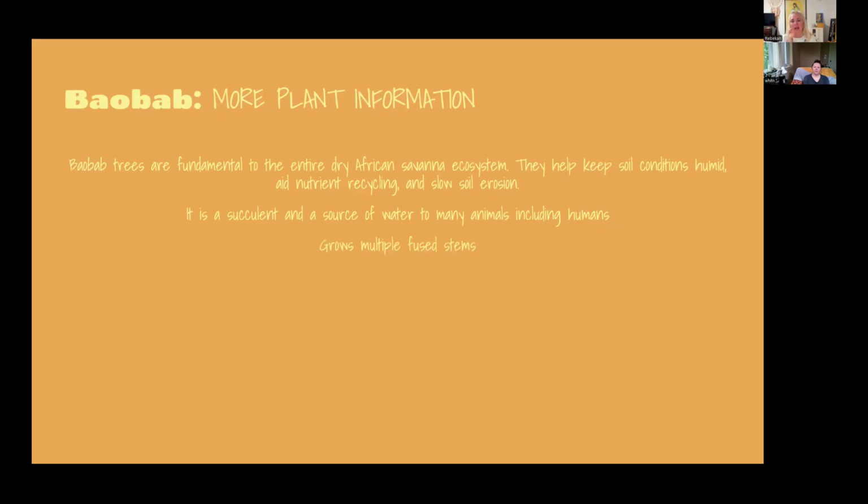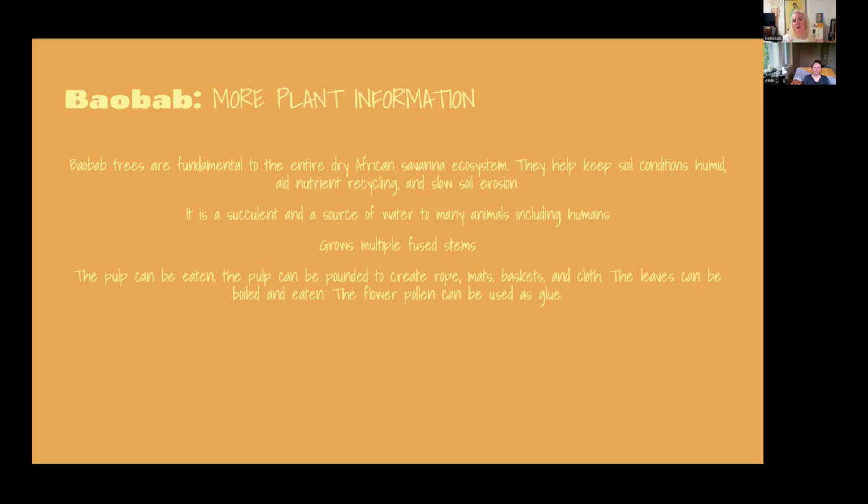It's so big because it grows all these stems up and then they fuse together, so it's big around the outside. And there are so many things you can do with this. Not only is it a water source, the pulp can be eaten.